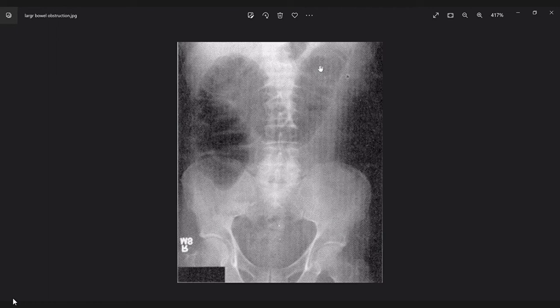So what type of an obstruction is this? We're blocked here, but there's nothing backing up and going into the small intestine. So it's also blocked here. What do we call this?